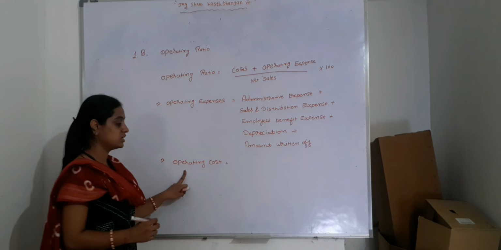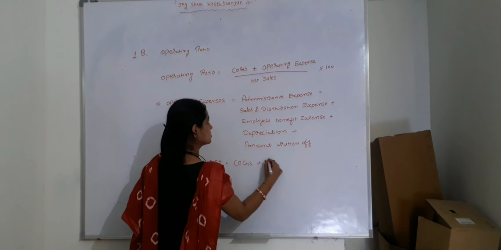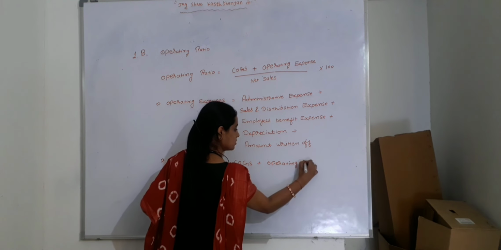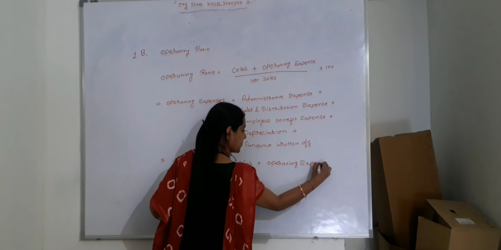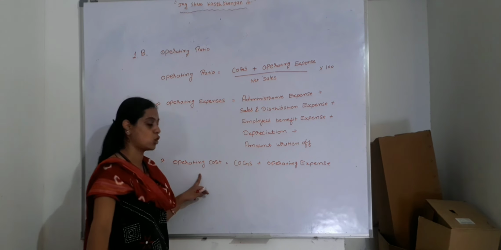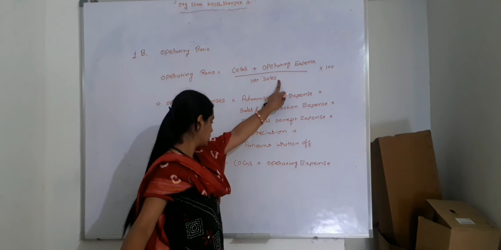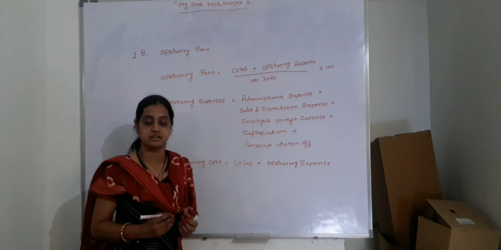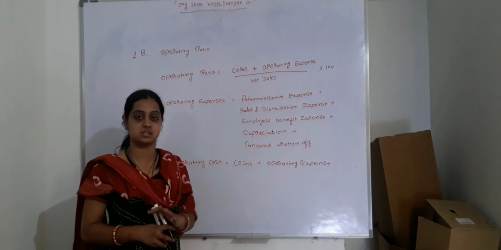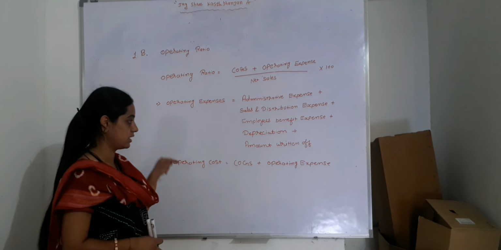But operating cost is equal to COGS plus operating expense. So we can say operating expenses are part of operating cost, or we can directly write operating cost upon net sales into 100. But we'll apply this formula, COGS plus operating expense, not operating cost. Okay, write it down.